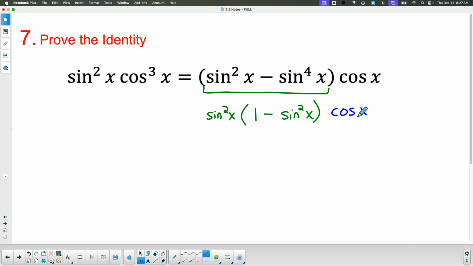Right? 1 minus sine squared is cosine squared.